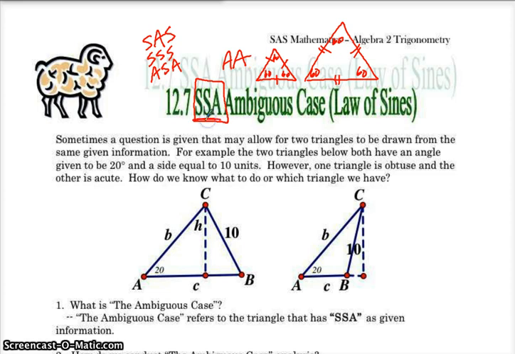Another scenario was the SSA. So looking down here, if I gave you a side length of B, let's say this is 12, side length of A, which is 10, and I gave you this angle right here of 20 degrees. So B is the same as this B, 10 is the same here, and this angle is the same here and here. So are these two triangles, ABC and ABC, congruent to each other?